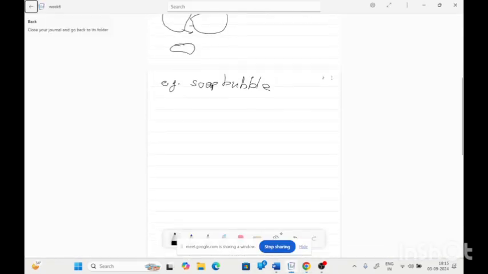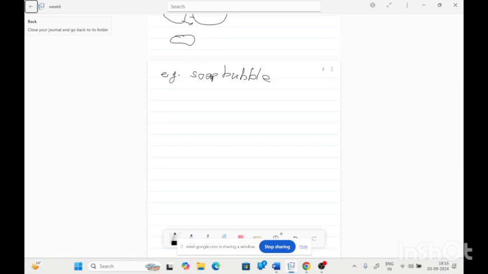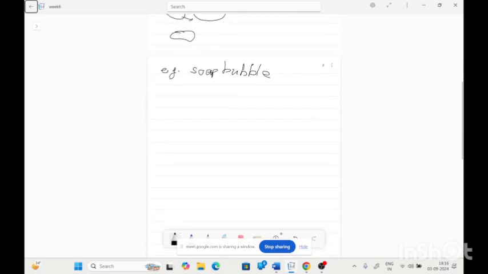So in the soap bubble also we see that some bubbles grow at the expense of small bubbles. So the grain growth is similar to that.